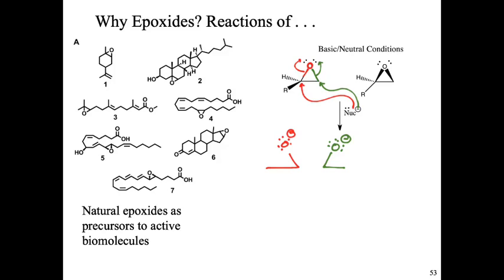I want the least sterically hindered, which means the less substituted position. Green is less substituted than the red, and I get the green result. Nothing changes to the stereochemistry at the other position. There's my nucleophile coming in.